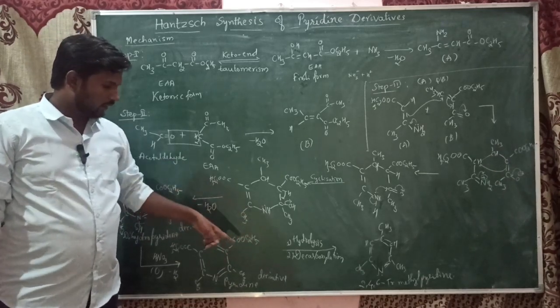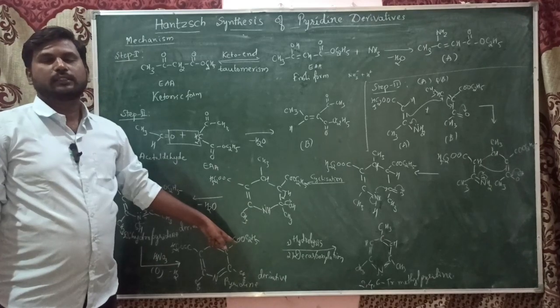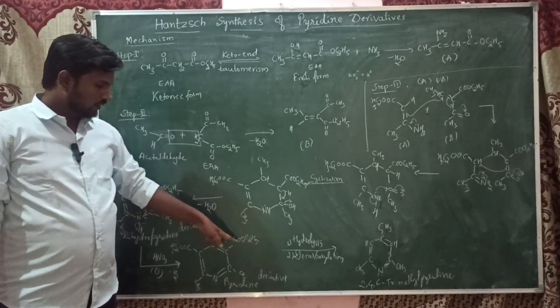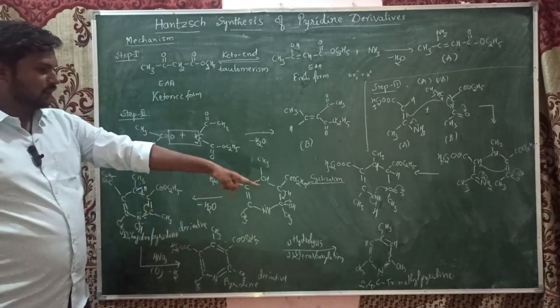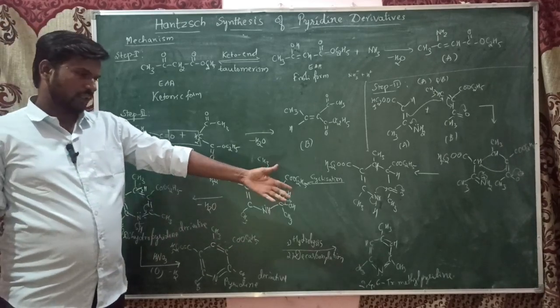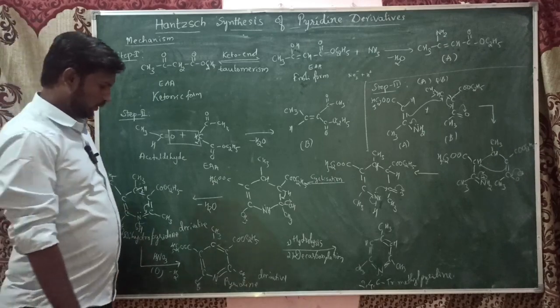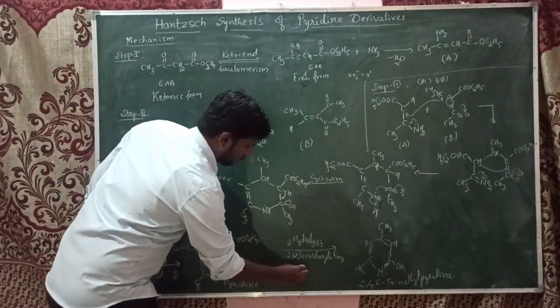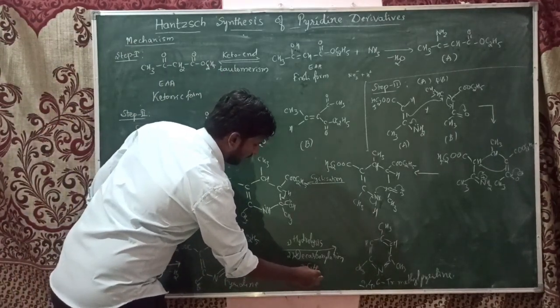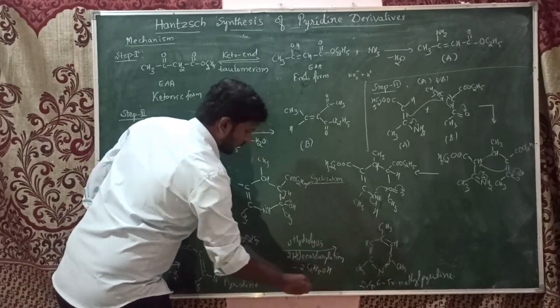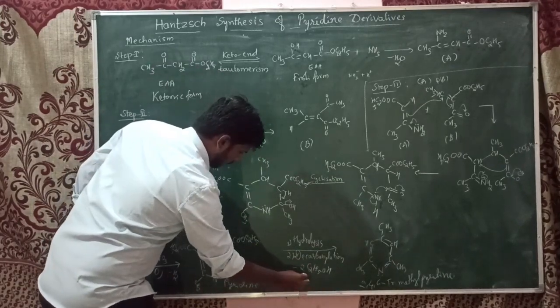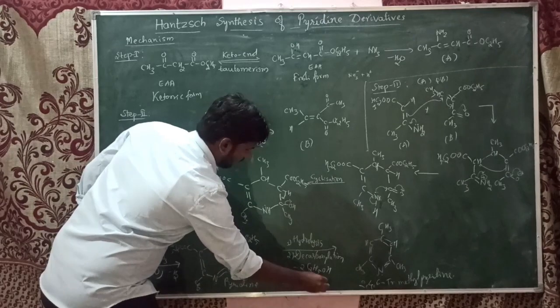And by the decarboxylation, there is elimination of CO2, hence forming a hydrocarbon, that is, a pyridine derivative. So here there is elimination of 2 molecules of C2H5OH, ethanol, and also 2 carbon dioxide.